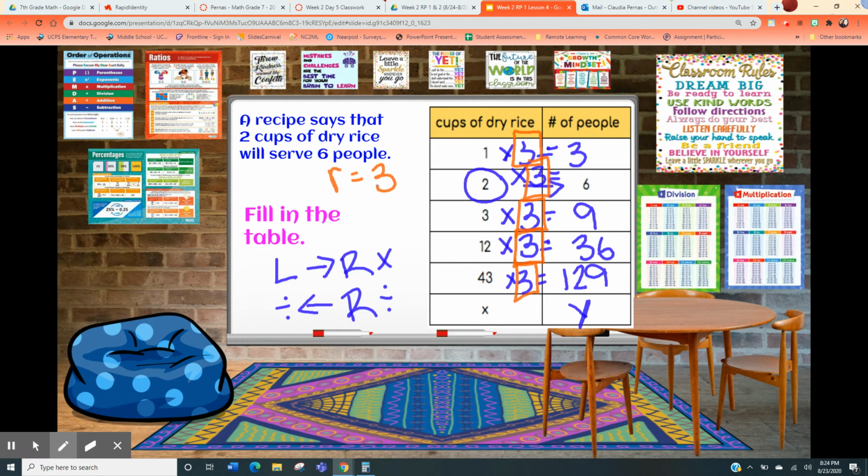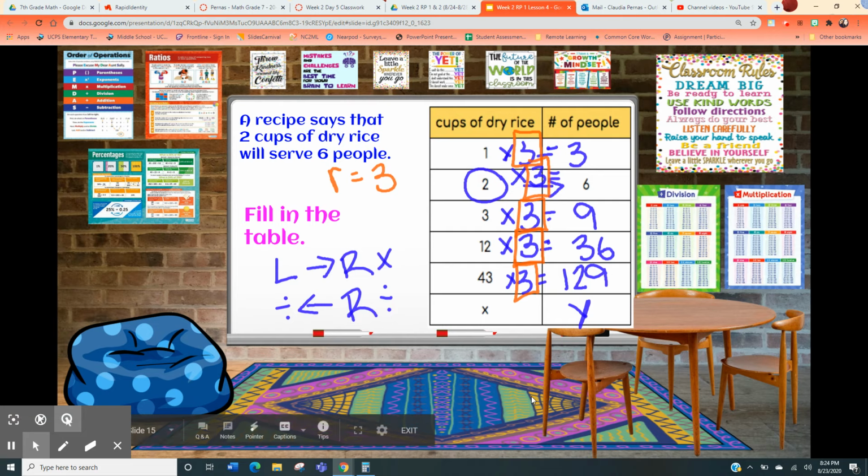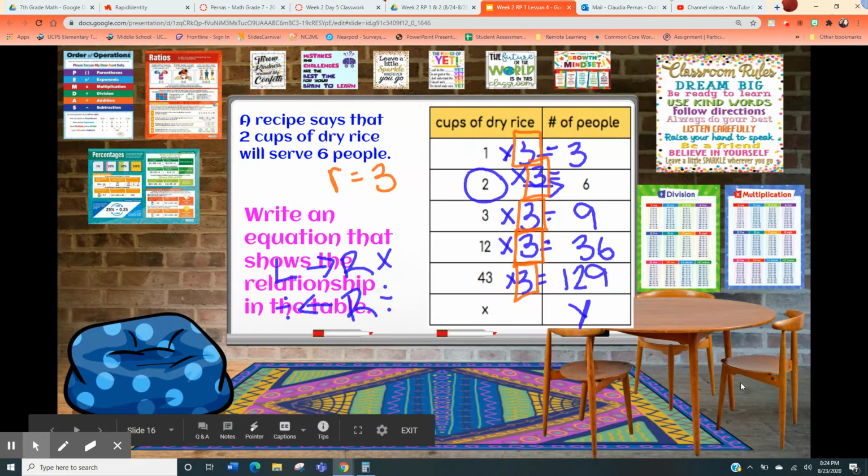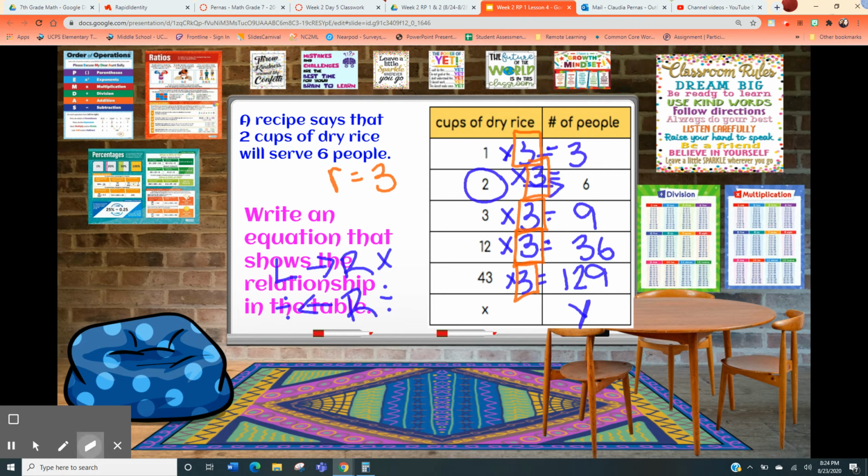So let's go ahead and look at our next slide. Okay. So in this slide, it asks us to write our equation. So I went ahead and I left our table just the way it is. So remember, r equals 3.